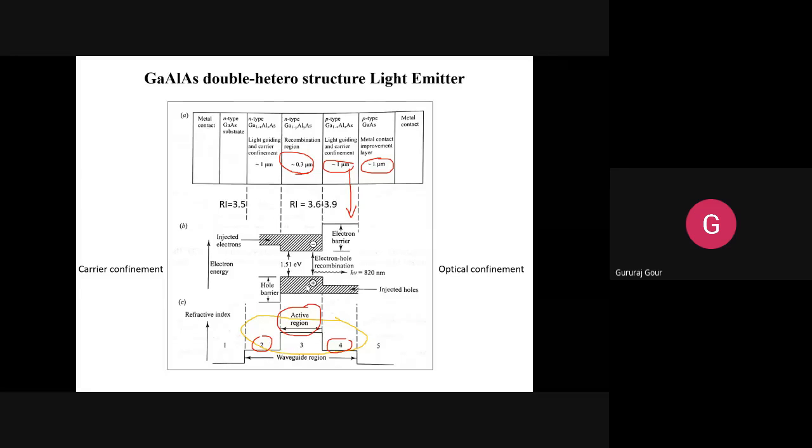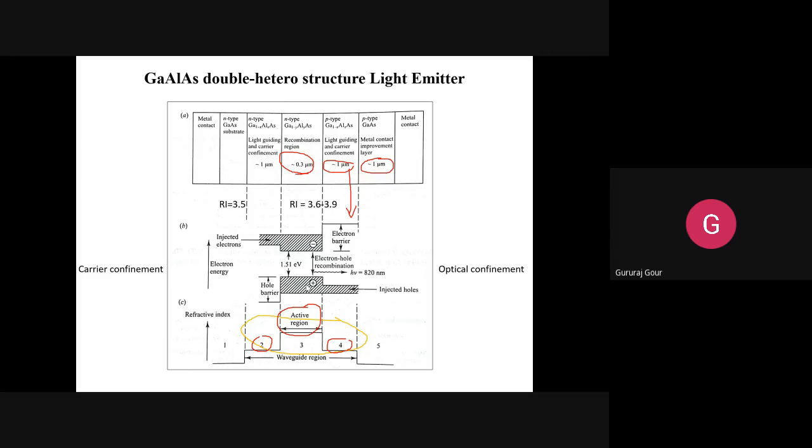So thereby, with the heterostructure, we are going to minimize the carrier confinement problem, and along with that, reducing this small region where recombination is happening will allow us to increase its efficiency. We want more radiance, that is, brightness.